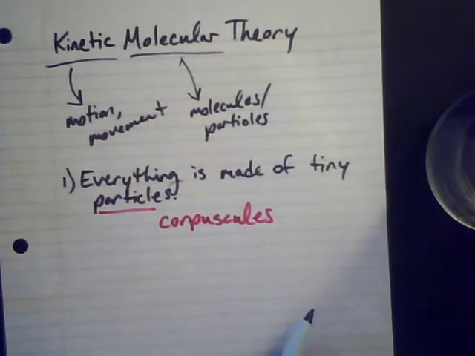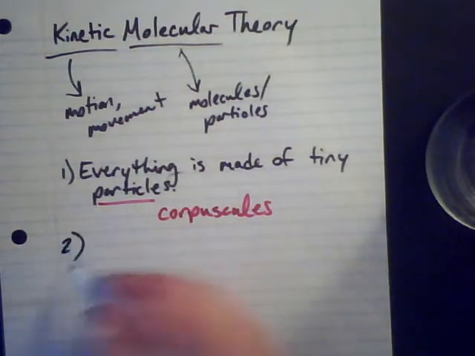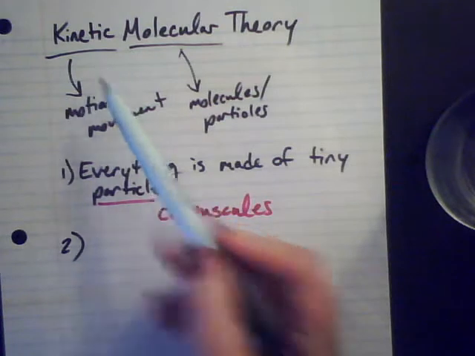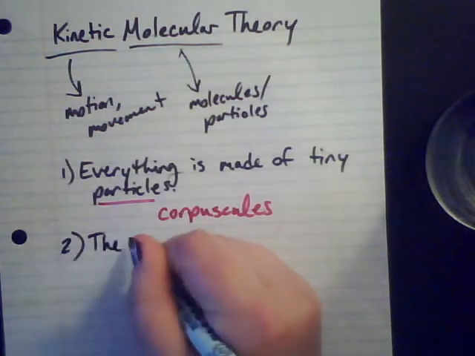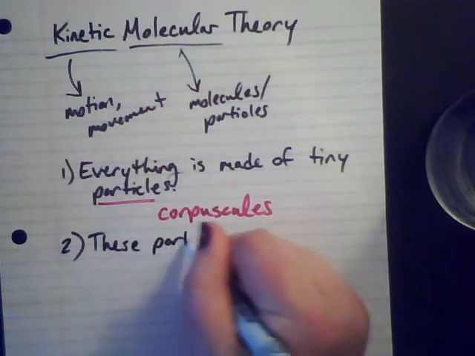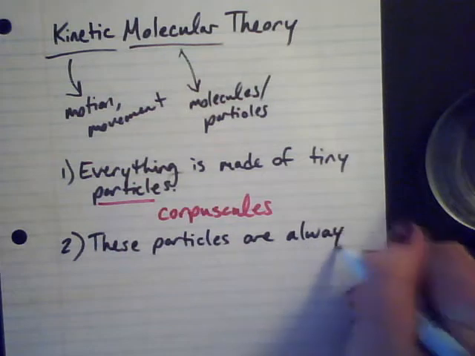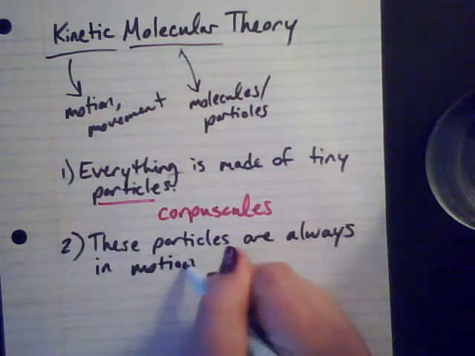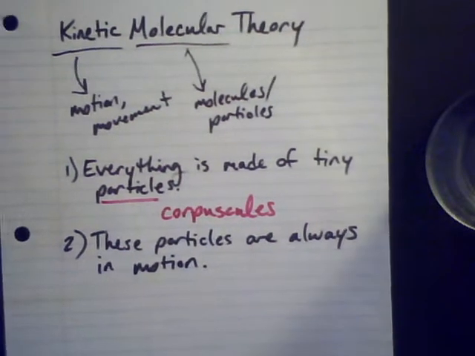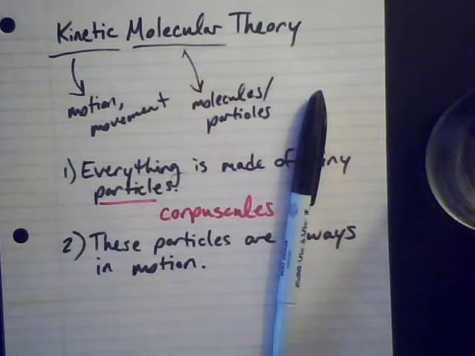Okay, so these tiny particles then have specific characteristics, and one of the characteristics, and this kind of speaks to this kinetic part of it, these particles are always in motion. So these things are always moving around. So even if I'm stationary, even if I have this pen and it's sitting there on the table, it is still in motion.